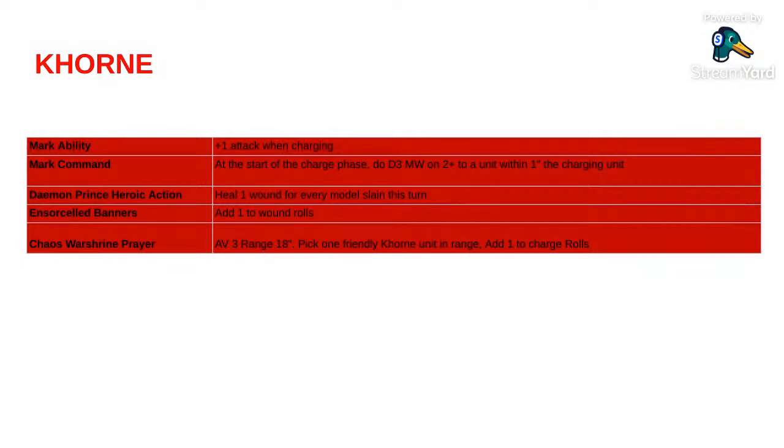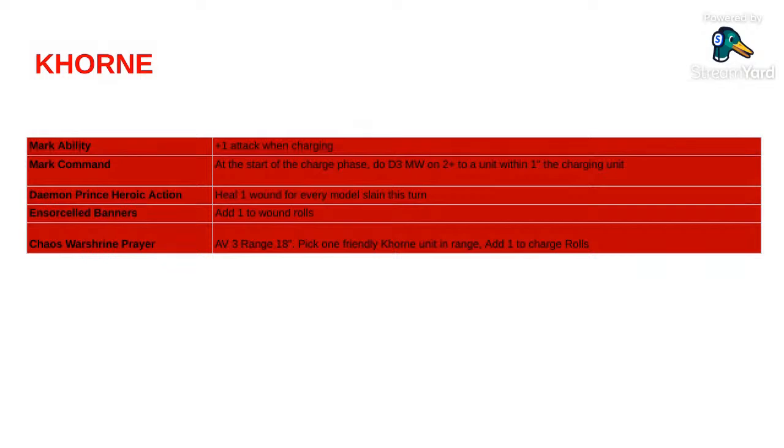Now, the tricky part with this is that this is a command ability that is triggering in the charge phase. So you're not going to be able to use the forward to victory command on that unit if they should happen to fail the charge, because you've already targeted them with a command ability in that charge phase.